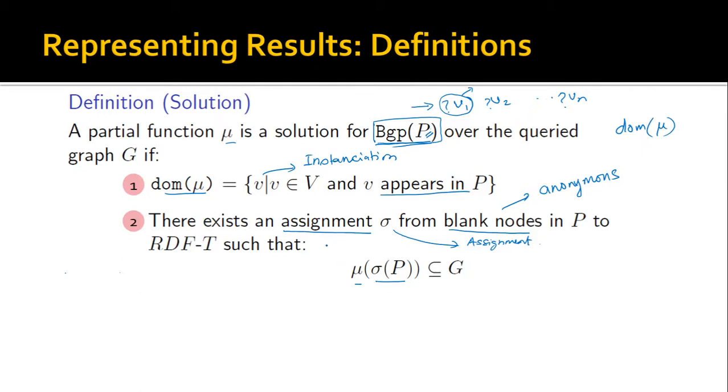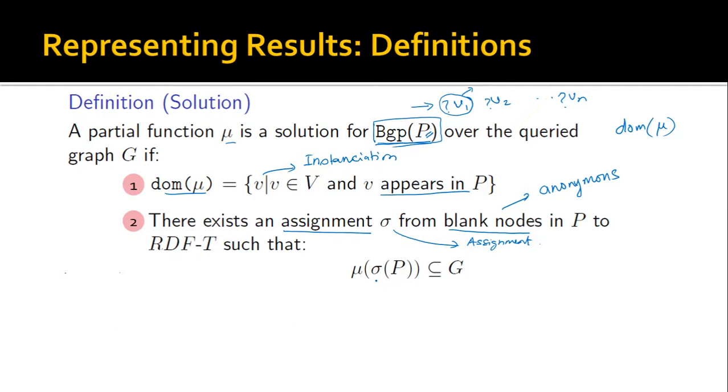Now, this mu would be applied after we have done possible assignment, right? This mu would be a solution for this P if you have done the assignment over the P by replacing these blank nodes with some other values, and then whatever is left, you do some instantiation over it. Let me clearly say which part is assignment and which part is instantiation.